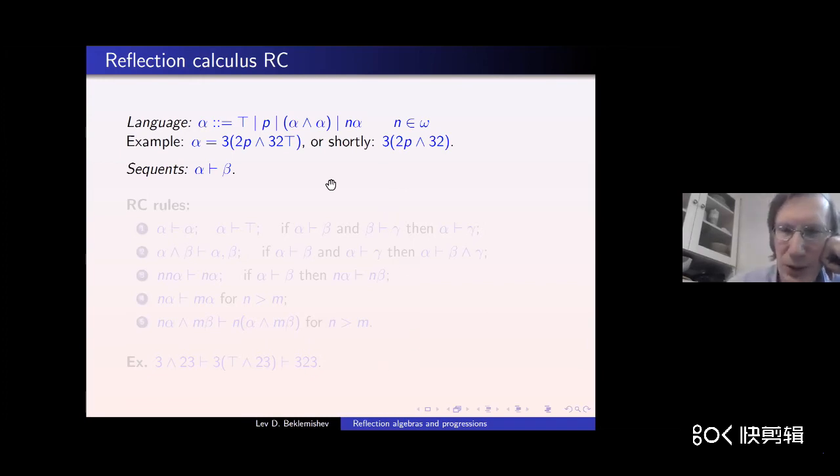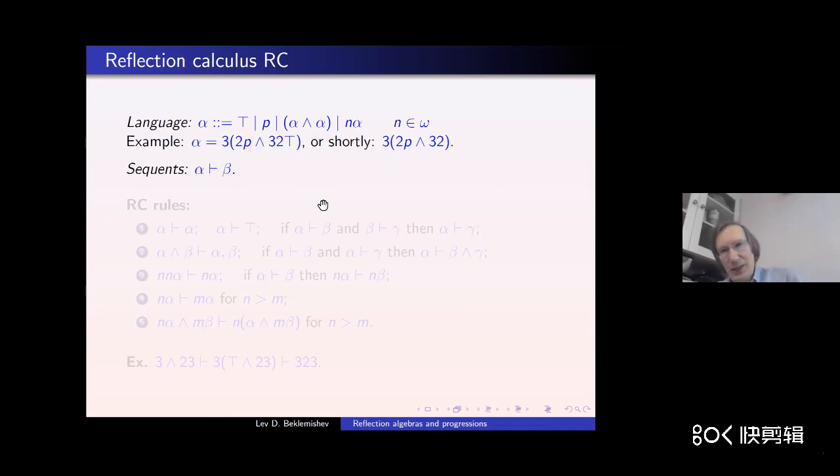We have propositional variables, we have constant top, conjunction with the usual formation rule, and we have unary operations, which are written just as n alpha. So n alpha means applying Rn to alpha informally. Formulas are, for example, written like that, or sometimes we can delete the top constant because we can figure out where it should be, like here.